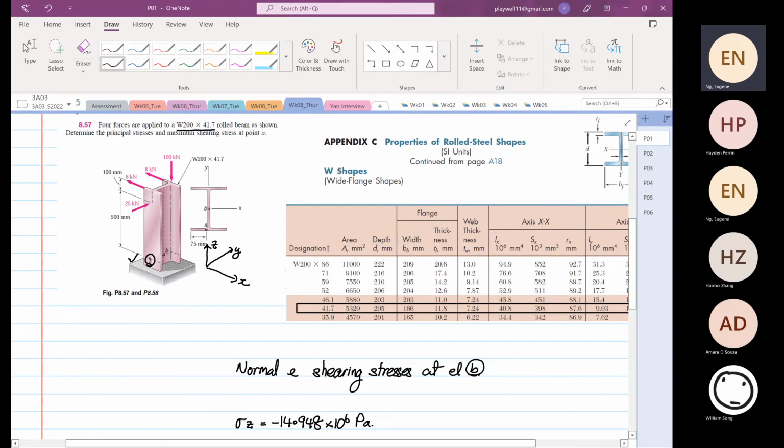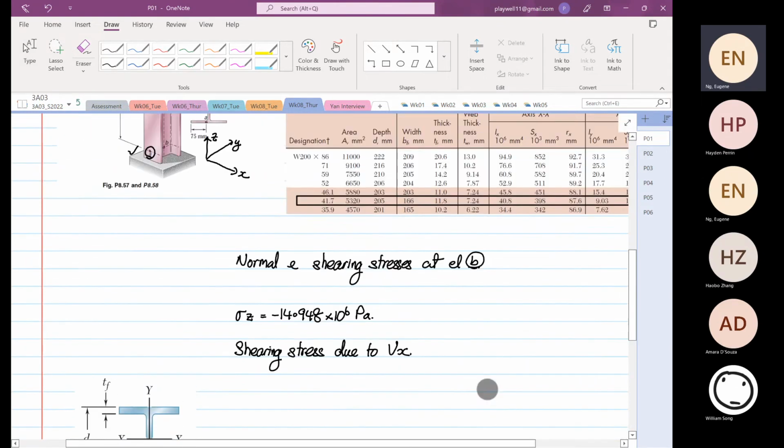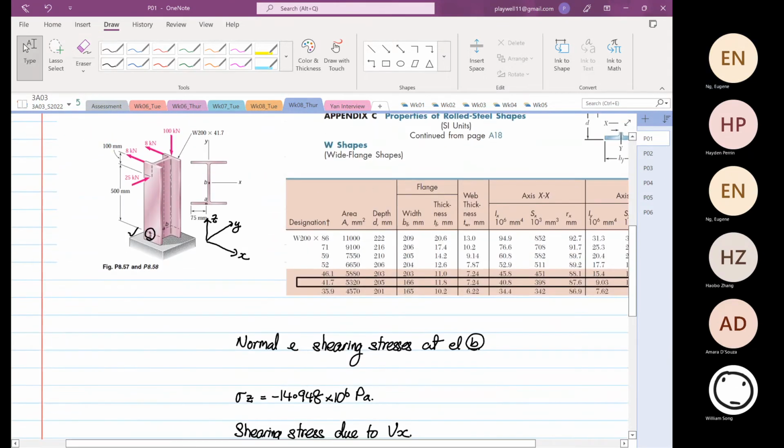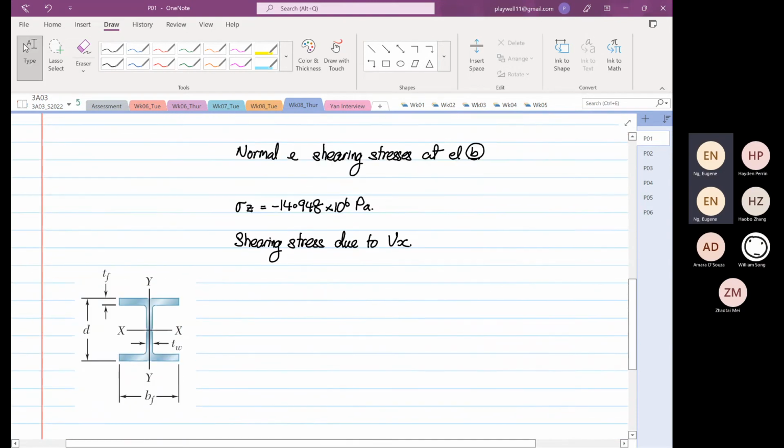Okay, so we are going to look at Vx. So we know that Vx is 16 kilonewton. Okay, so 8 per side. And element B is down here. Okay, so this is our location of element B, right?